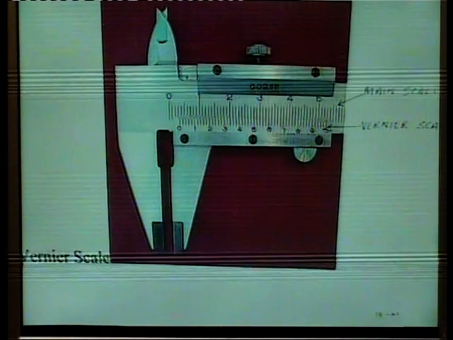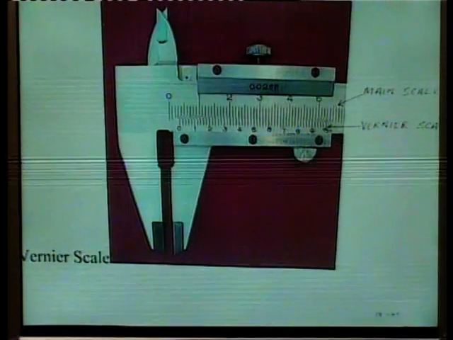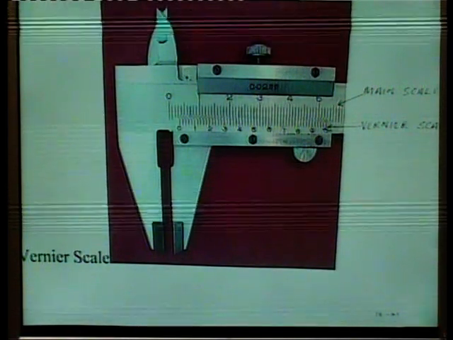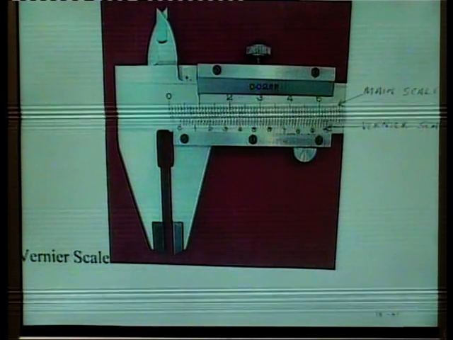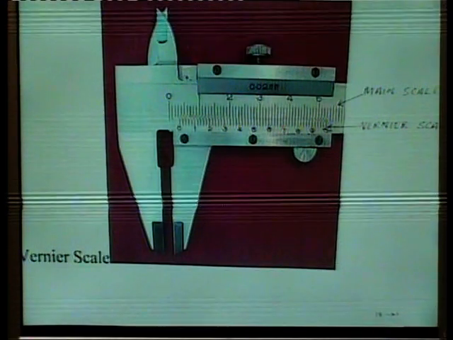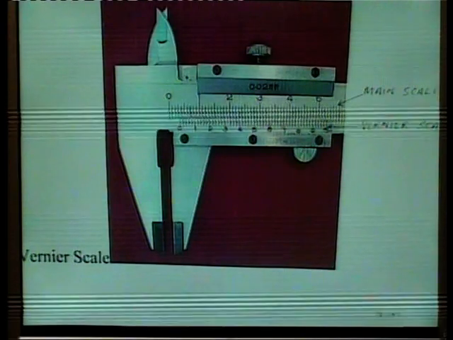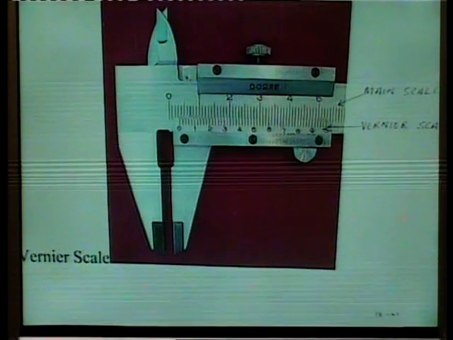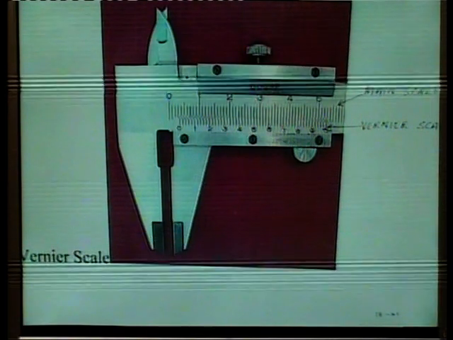The number of divisions of the vernier scale which exactly coincide with any line of the main scale is counted. The total reading is main scale reading plus the number of coinciding divisions of the vernier scale multiplied by the least count of the vernier caliper.